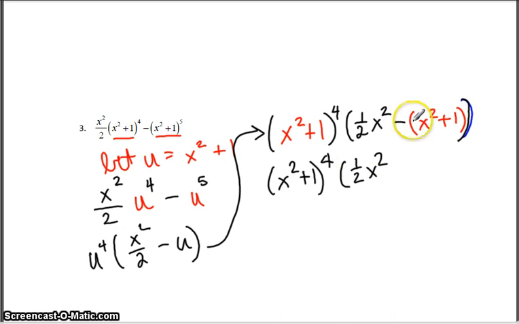We need to distribute this negative. That gives you minus x squared minus 1.